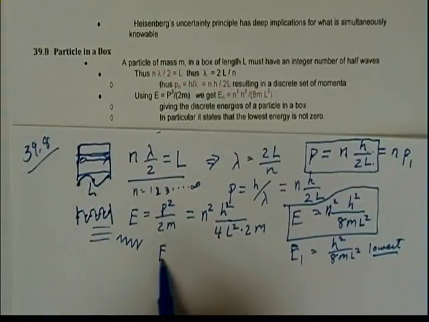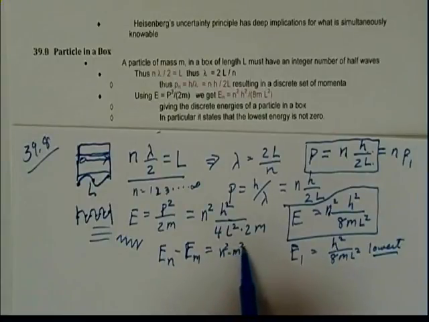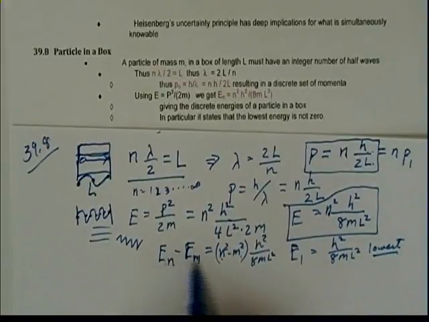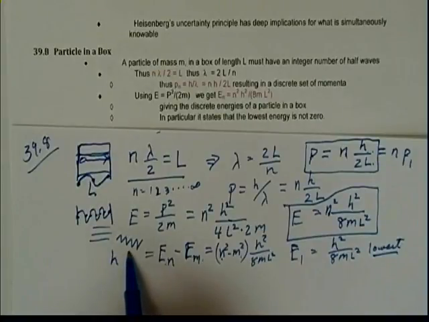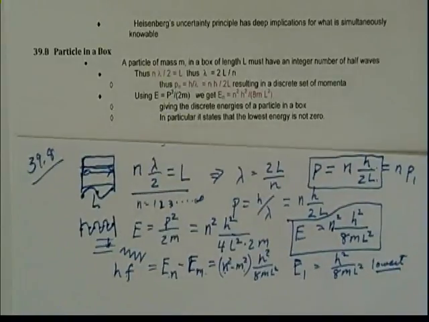So, for example, it could go from the nth to the mth energy level, and that would give us n squared minus m squared times this basic energy, which is h squared over 8mL squared. And you can see that the difference of these energies will be the energy for the photon. E is equal to h times the frequency. So you could actually use this to compute what the frequency would be of photons that were given off as the particle jumped from one energy level to another.